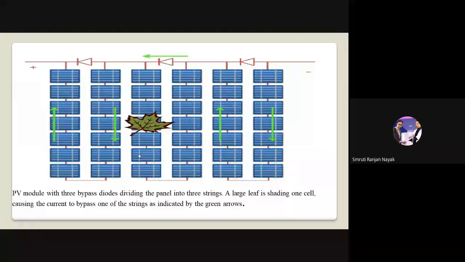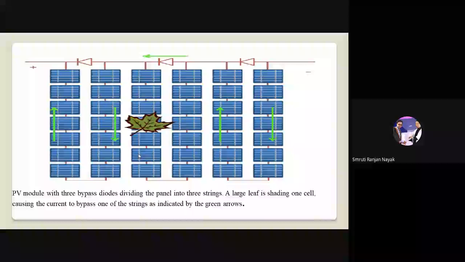So here another important thing is the PV module with 3 bypass diodes dividing the panel into 3 strings. A large leaf is shading one cell, causing the current to bypass one of the strings as indicated by the green arrow. Suppose some dust or some unwanted things are there, then there will be a shadow effect.